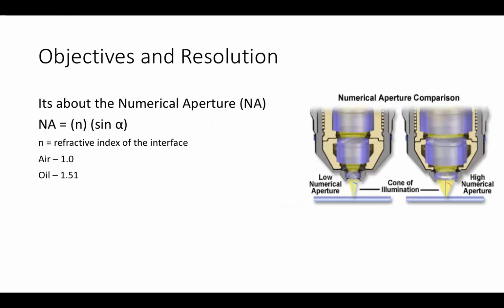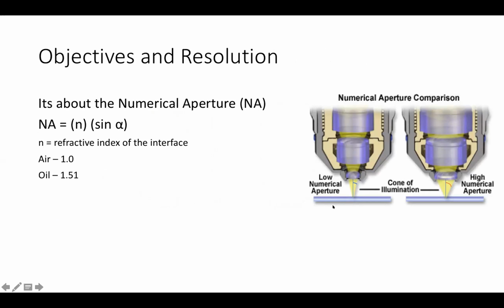So when it comes to the NA, it is what determines the resolution of your objective. When we look at the formula for NA, it's N times sine alpha, and N is the refractive index of the interface.